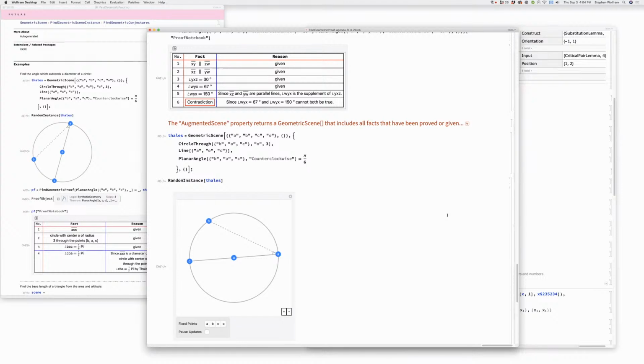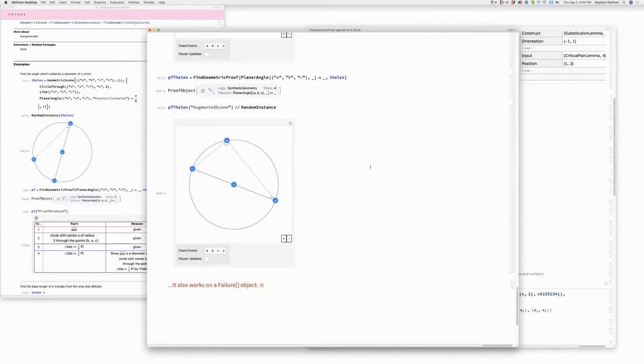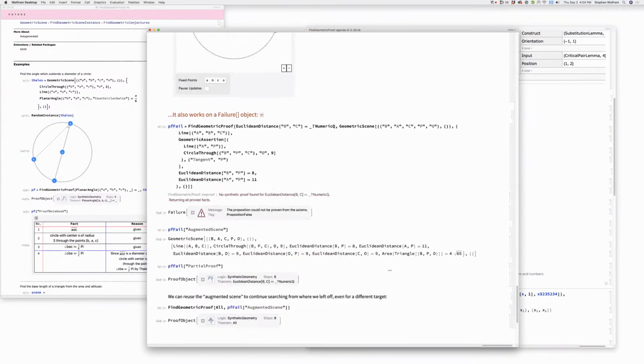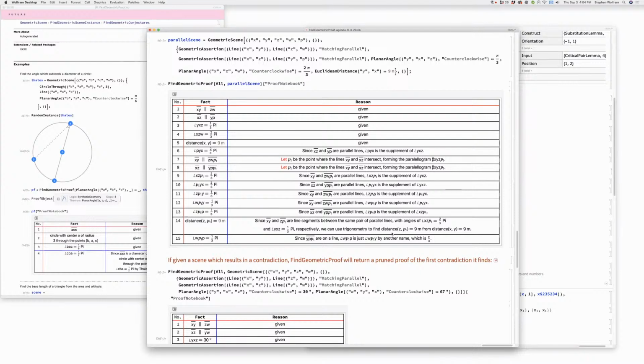GeometricSolve is a new function that basically no one outside of the synthetic geometry team has looked at yet. The point of this function would be you input as the first argument a geometric scene, and then as the second argument something you want to solve for, either a quantity in that scene, or, say, the length between A and B. If that quantity is uniquely determined by the scene, it tries to return it.